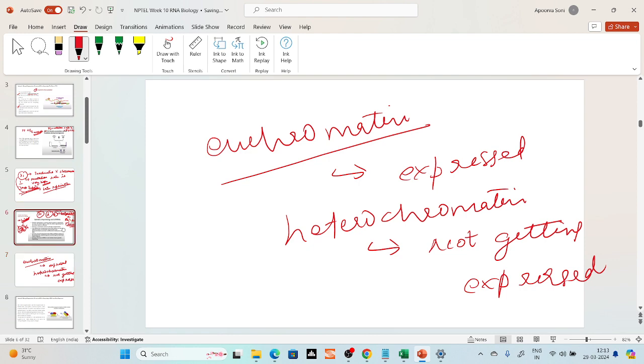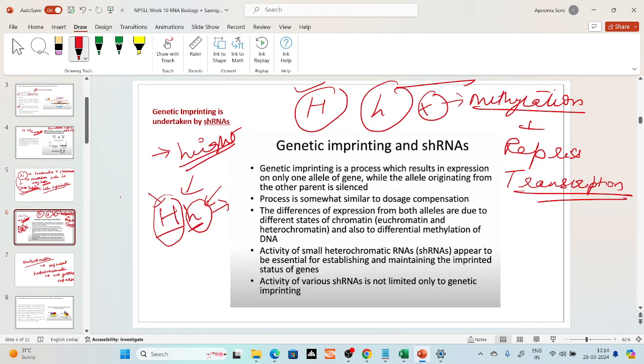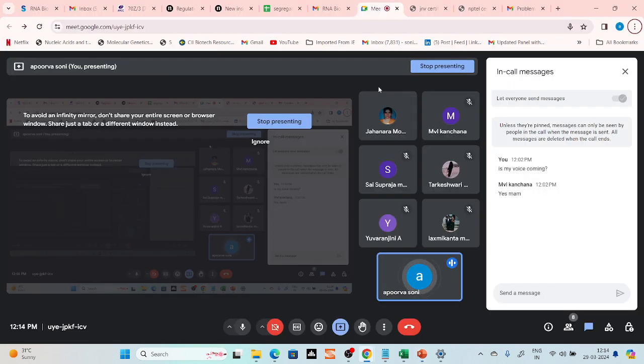So if I say that this h is imprinted, I mean it is not getting expressed, then it should belong to the euchromatin region or heterochromatin region? Anybody? Heterochromatin. Heterochromatin region, yes.